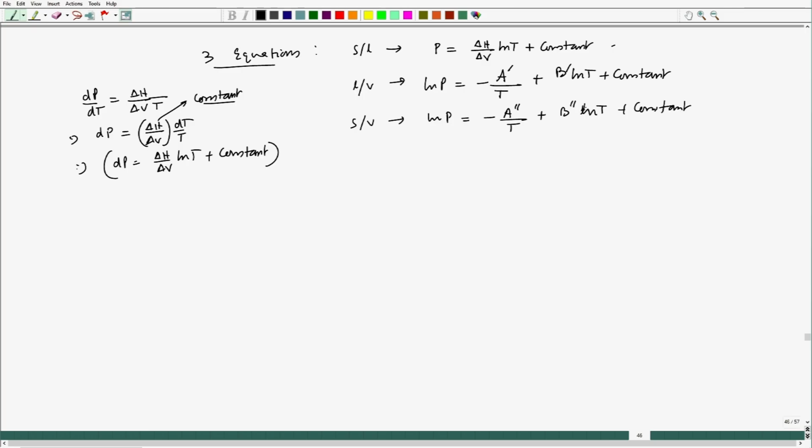Okay. So, these three equations I can plot, and the plot would be like this.